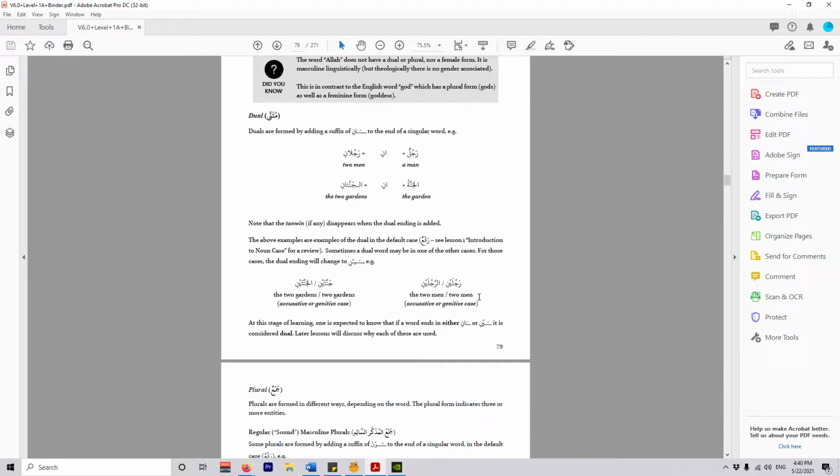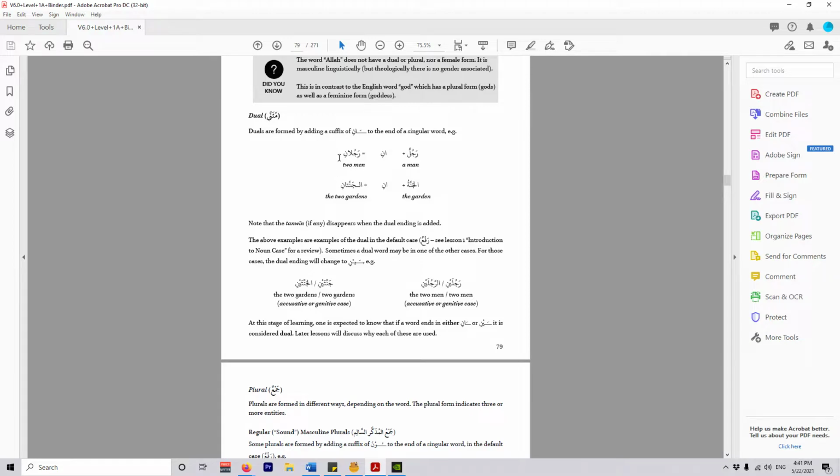So you can have rajulain to be indefinite, to say two men. So this is accusative or genitive case, which means majroor or munkhafid or maftuh. Okay. And so here we have jannataini or al-jannataini.